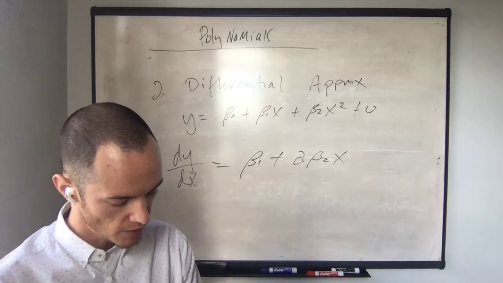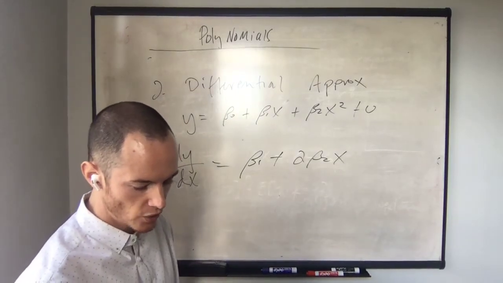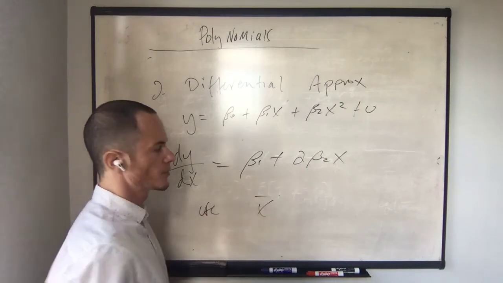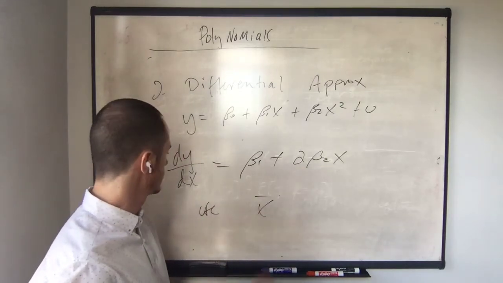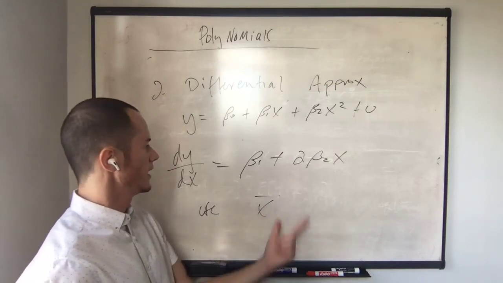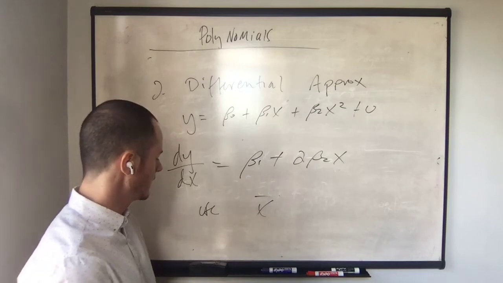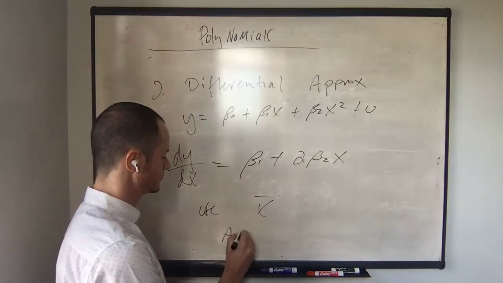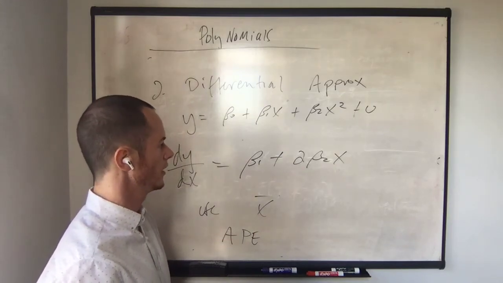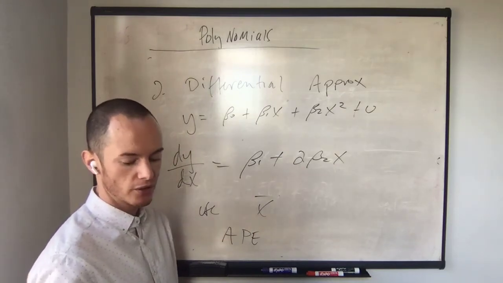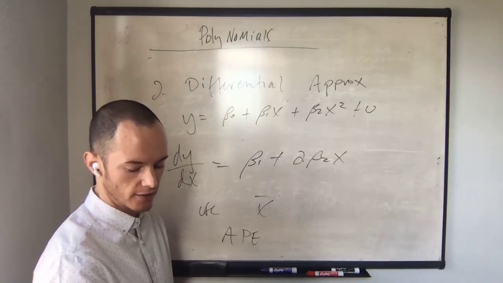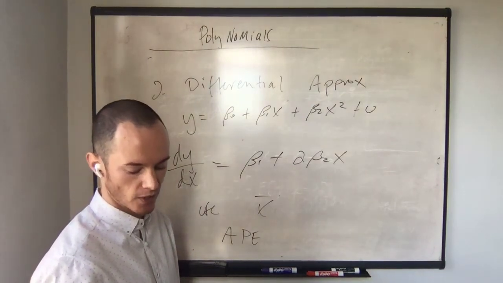Now, typically, we may use something like x bar to interpret what the effect of x is on y, and that's going to give us our average partial effect. Okay, or you may use some other value for x that is of interest for interpretation.